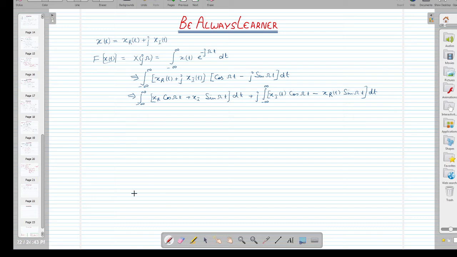Now this part of the equation is x_r and this part is the imaginary part. So we can have the representation: the transform of the real part, and this one is the transform of the imaginary part.